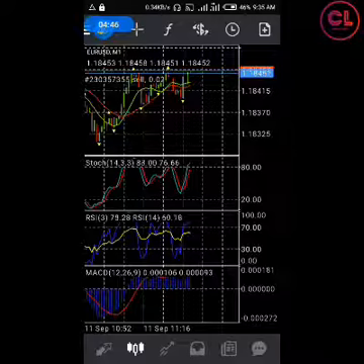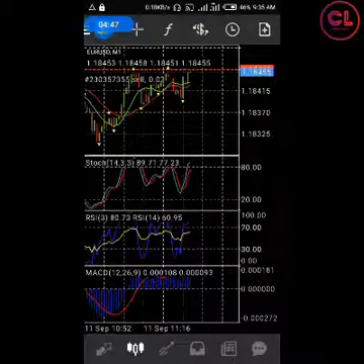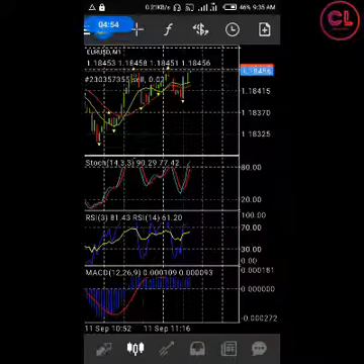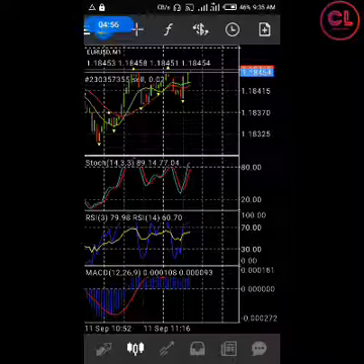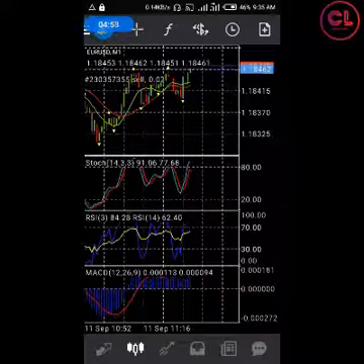But because it's a demo account, I'm not trading with real money. That's why I'm just trading like this. I just want to show you the basics of trading with MetaTrader 4 so that you know how to use it.